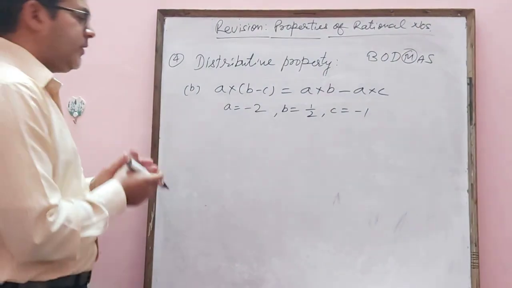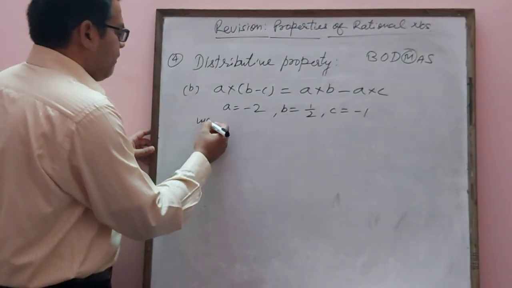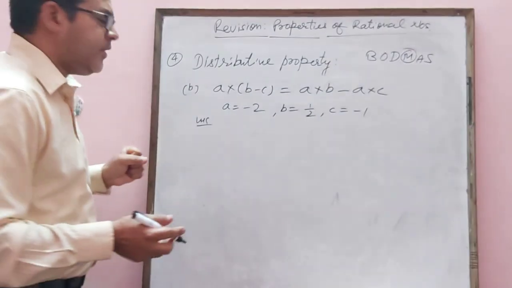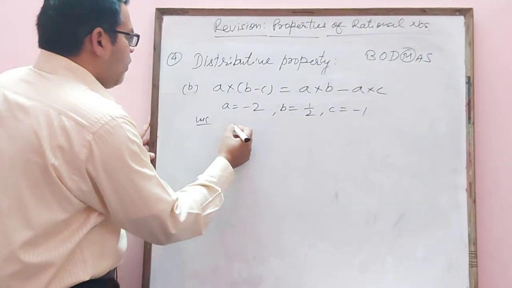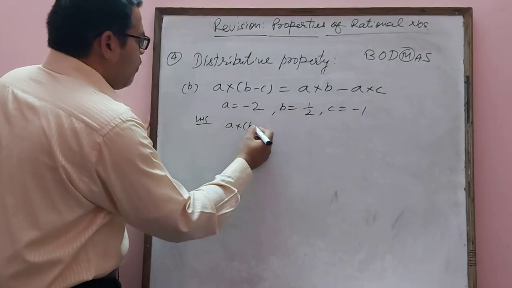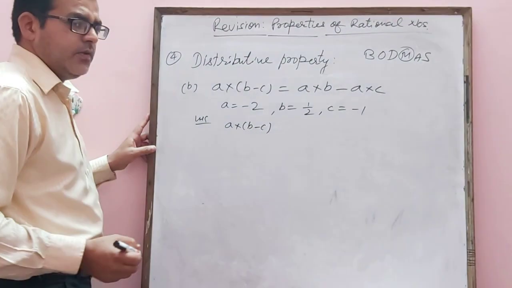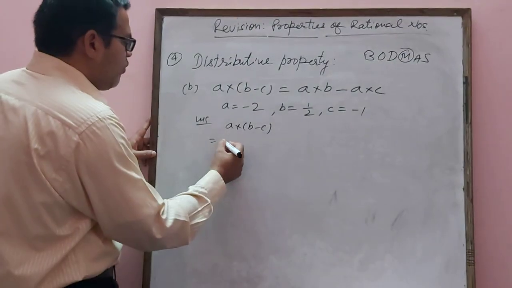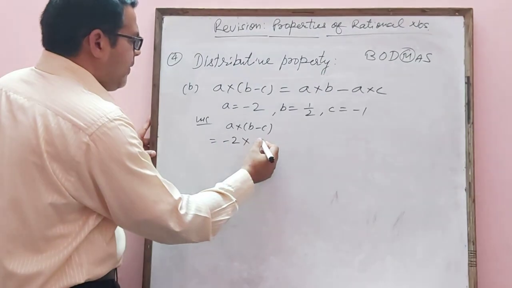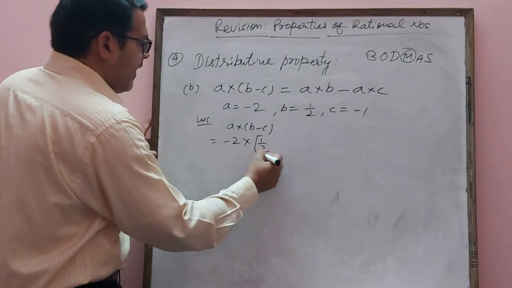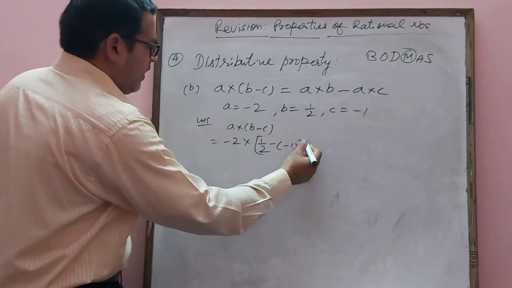Now what's happening? See, left hand side. Any set of values you can take. So left hand side is A into (B minus C). Right? What is value of A? It is minus 2. And B is 1 by 2 and C is minus 1.